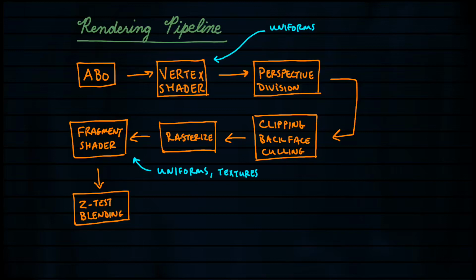This allows us to use a separate image to track which fragment is the closest fragment drawn, and this enables us to make sure that objects that are close overdraw those that are far away. And then we can do additional steps like blending, where we might have some transparent objects that are, say, maybe 50% translucent and so on.